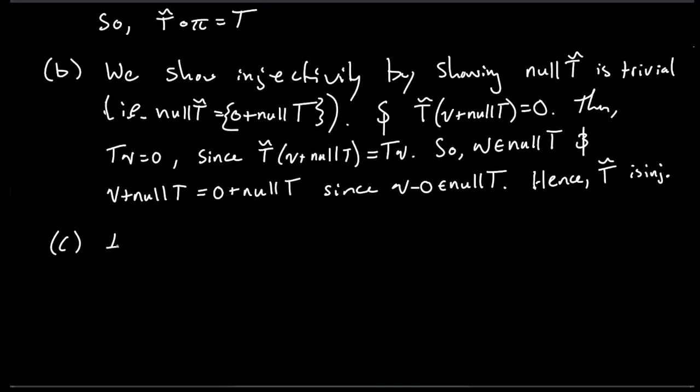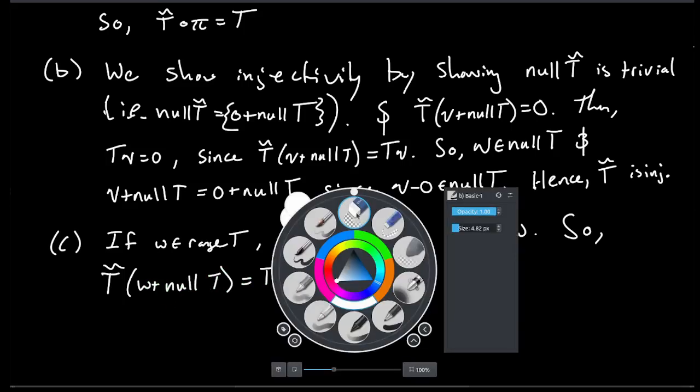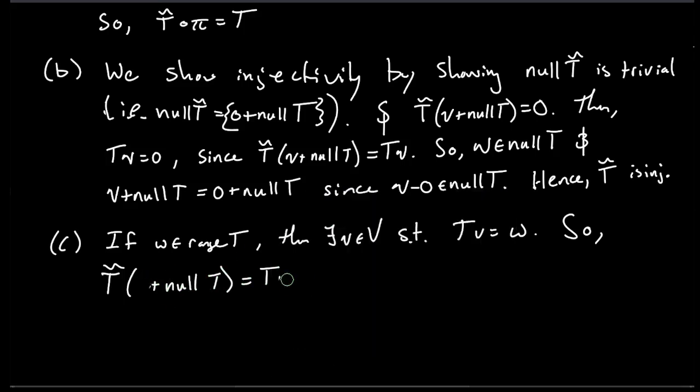So, if w is in the range of T, then there exists some v such that T of v equals w. So, T tilde of v plus null T is T of v.